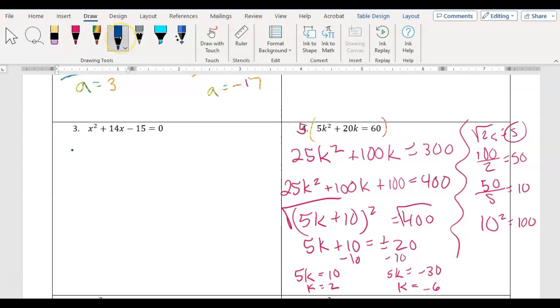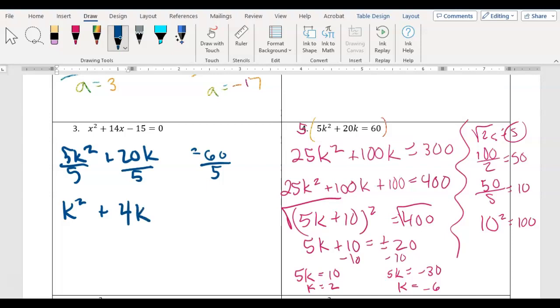So what's cool about 5k squared plus 20k equals 60 is that all of these numbers are divisible by 5. And if we were to divide instead of multiply by 5, then we will get k squared, and now the coefficient is 1, which is a perfect square, plus 20 divided by 5 is 4k equals 12.